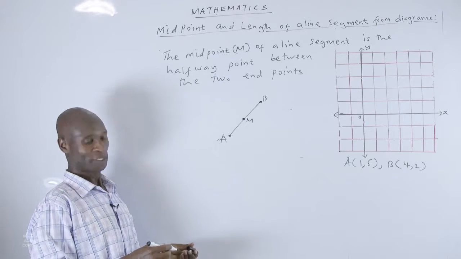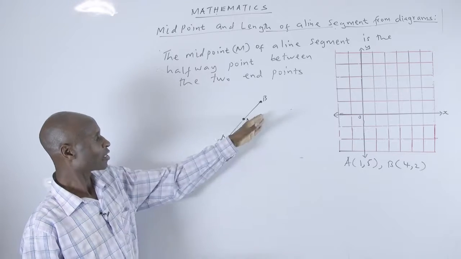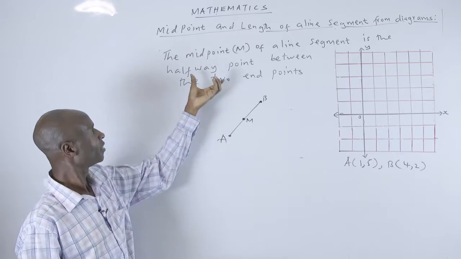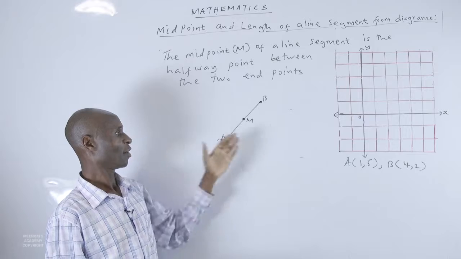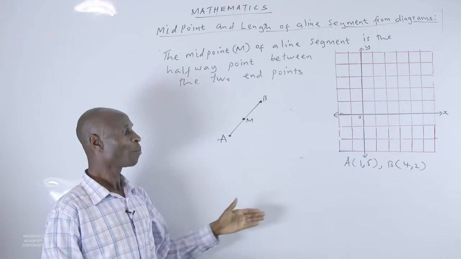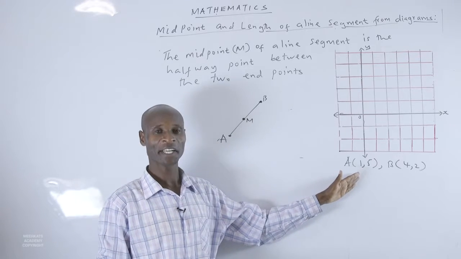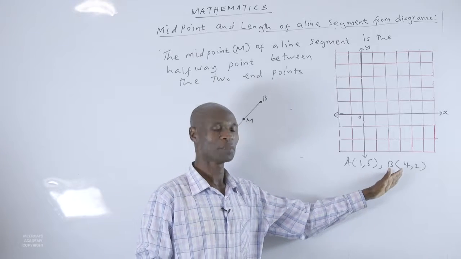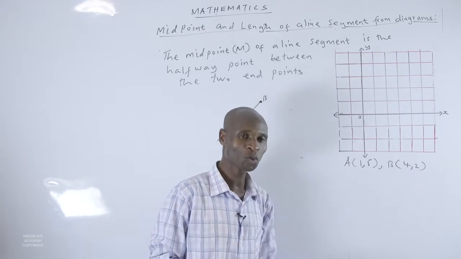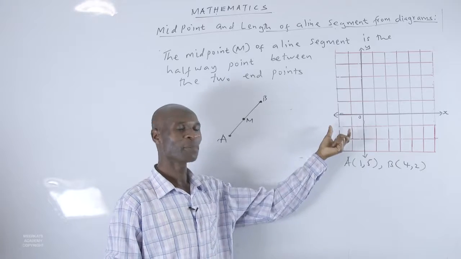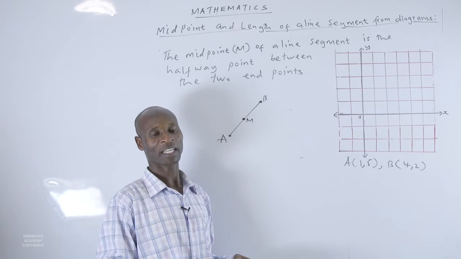Now, before we establish a method, let us represent on a Cartesian plane 2 points, A, whose coordinates are 1 and 5, and point B, whose coordinates are 4 and 2, and determine the midpoint without using the calculation method.